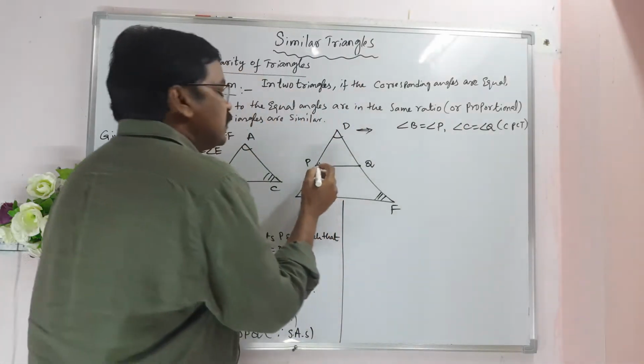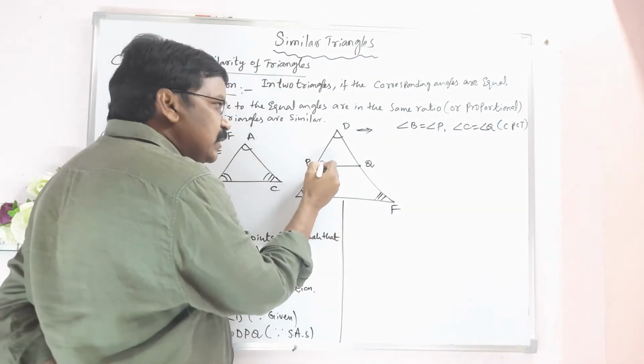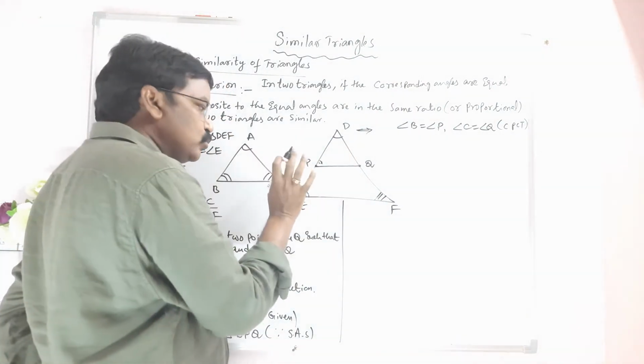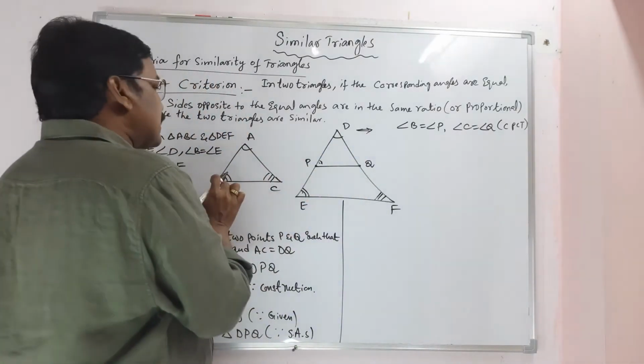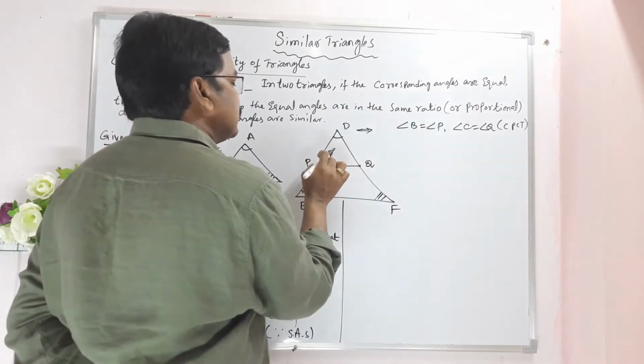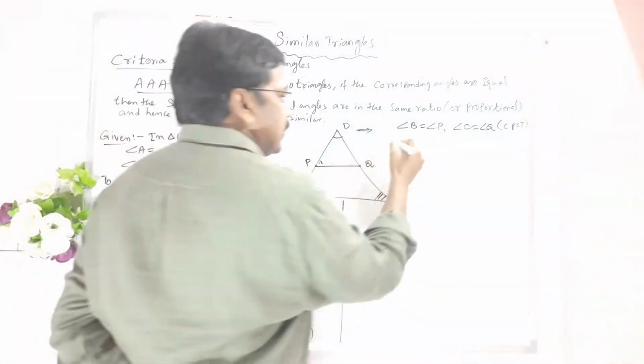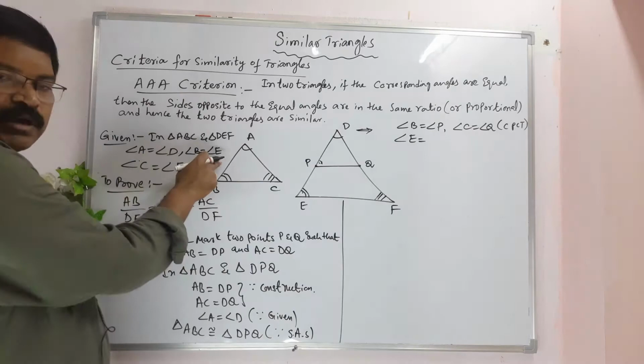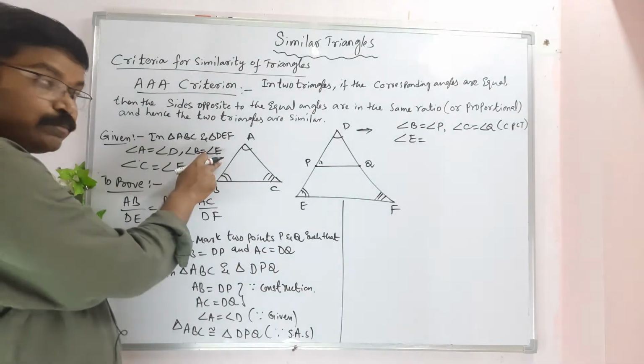Therefore, angle P is equal to angle B, and angle C is equal to angle Q. But instead of angle B, I can write angle E. Why? Angle B is equal to angle E, this is given in the statement.